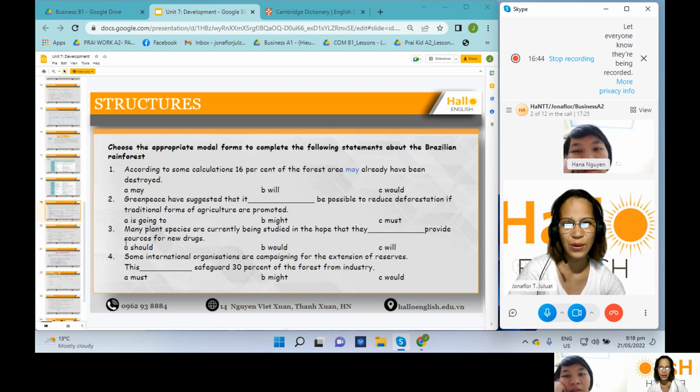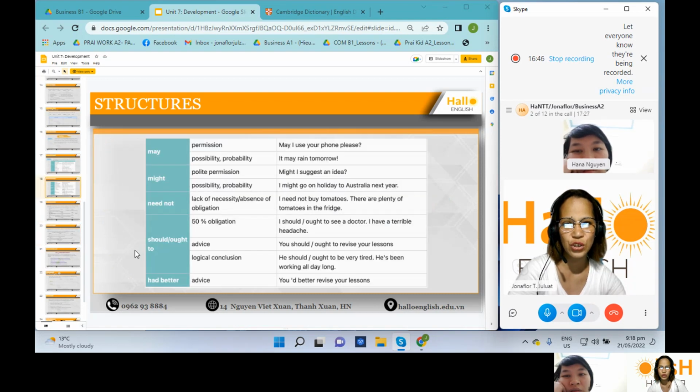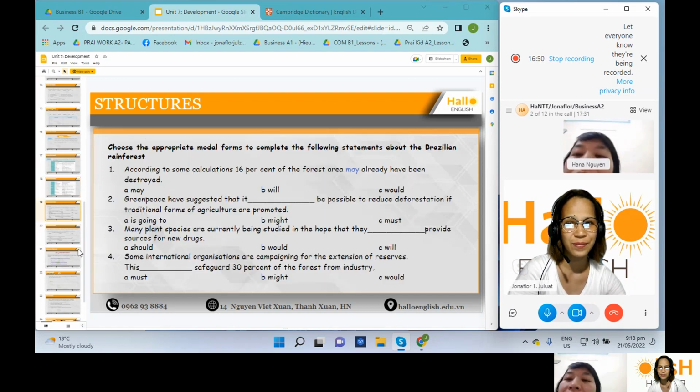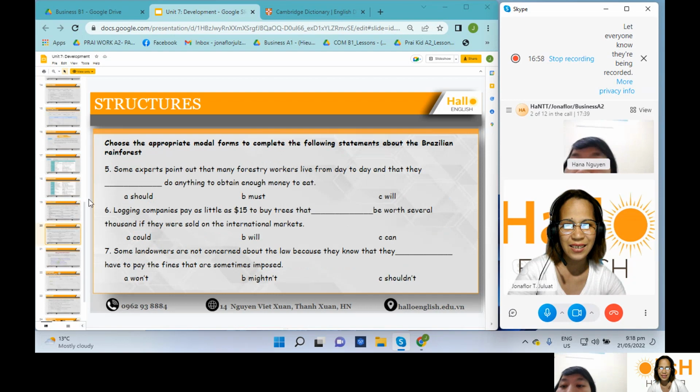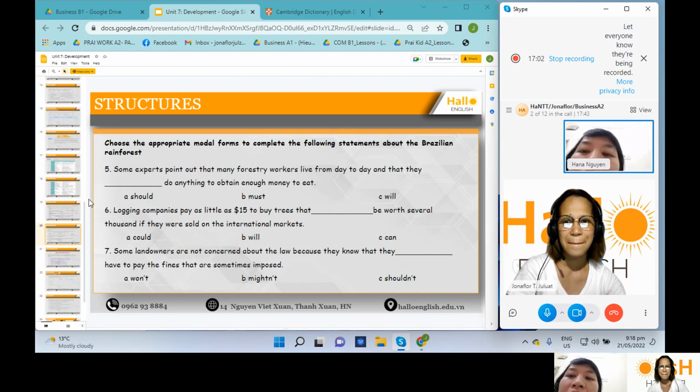What do you think? Okay, let's go back. Should is advice or logical conclusion. Is it must? Anything to obtain enough money to eat.